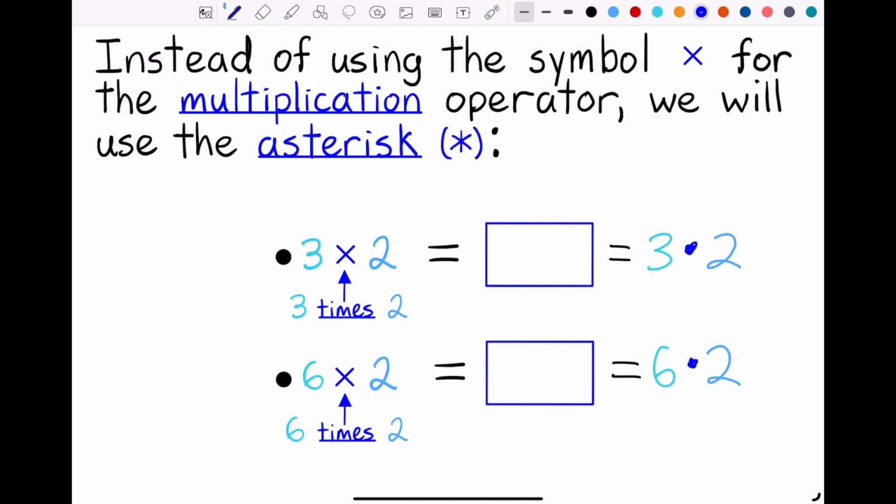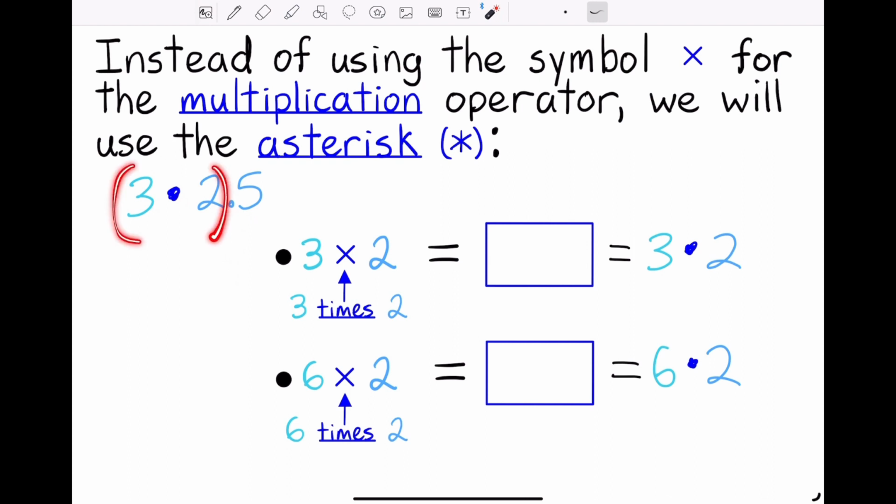However, if we mix whole numbers with decimals, something like 3 times 2.5, if we used a dot, this operator could be confused with the decimal point. Some people might think, hey, this is 3.2 times 5, which it's not.